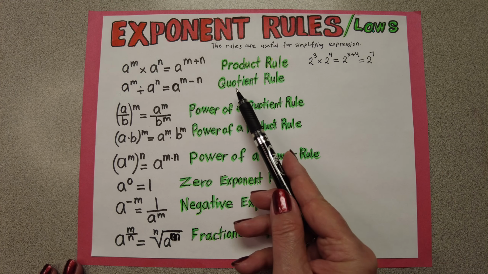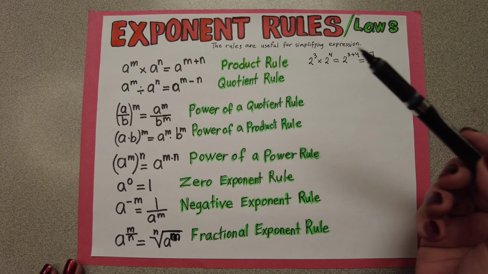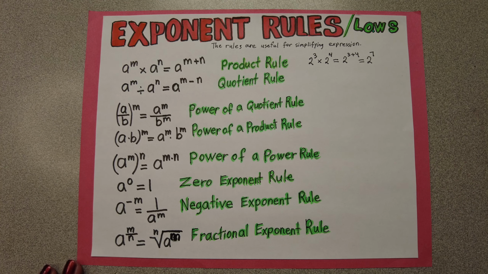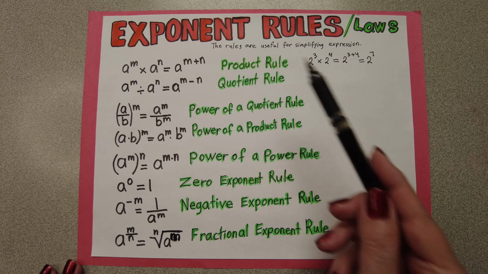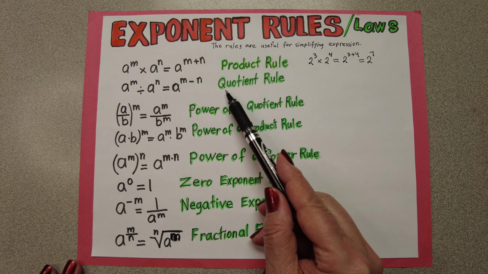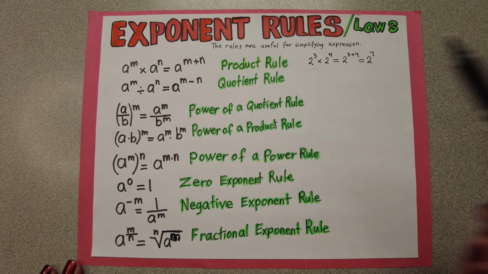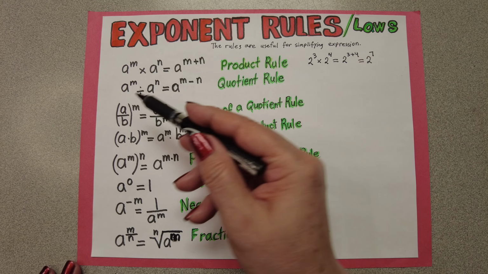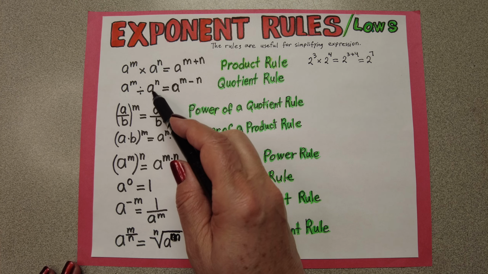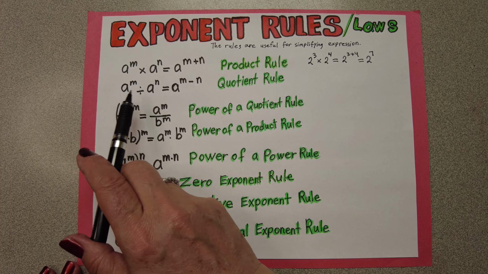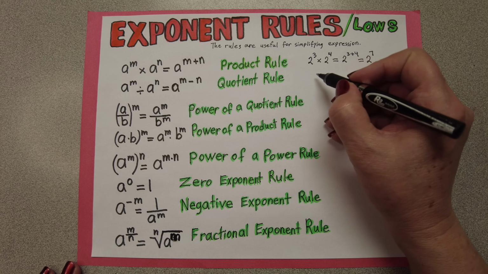Now let's see the quotient rule. As I taught you before, remember we call the answer for multiplication the product, and the answer for division the quotient. So now let's do a to the power of m divided by a to the power of n. We have the same base.